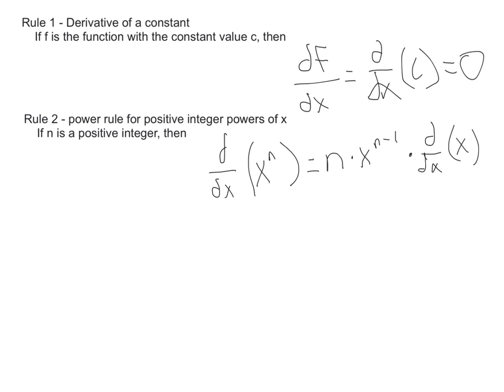The derivative of a power, and you'll use this one more so than any of the other differentiation rules. The power rule says, take the power times the base raised to the n minus 1 power, and then multiply times the derivative of your base. Now, in the beginning, your base will simply be a single variable, and there will be no concern.